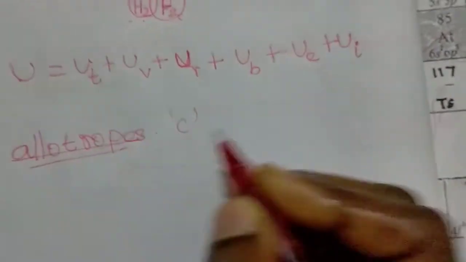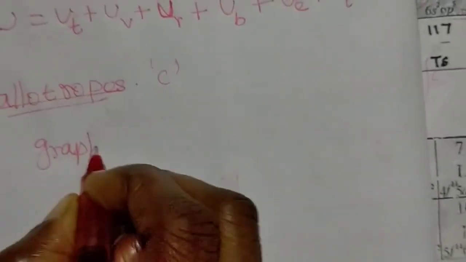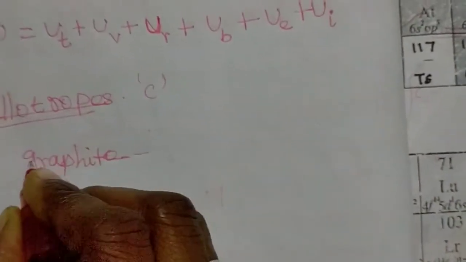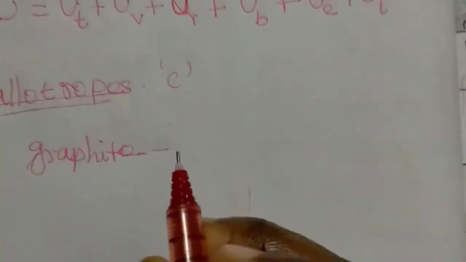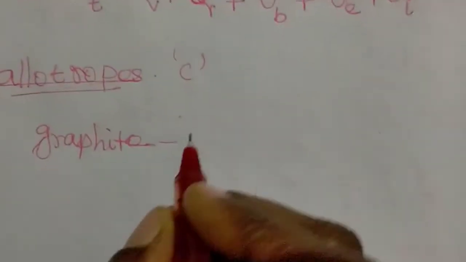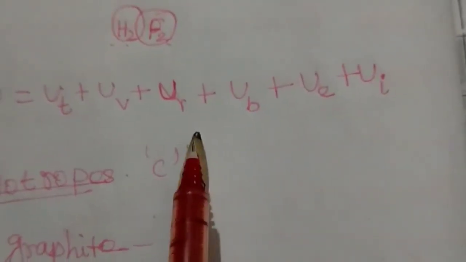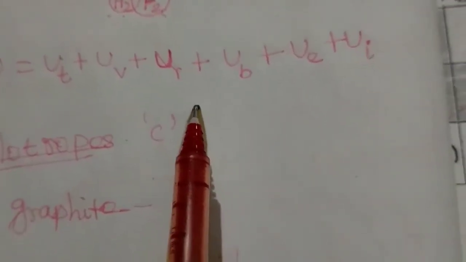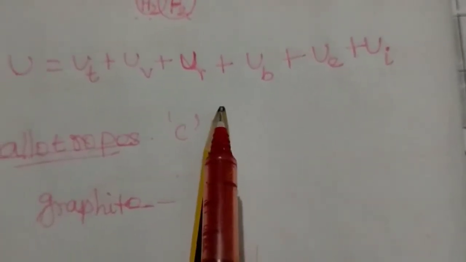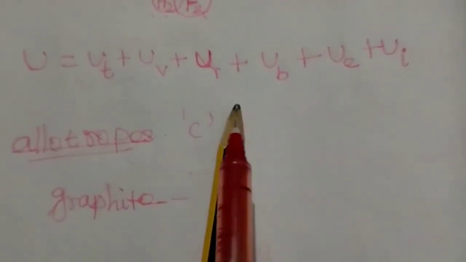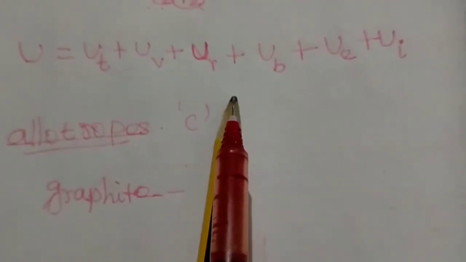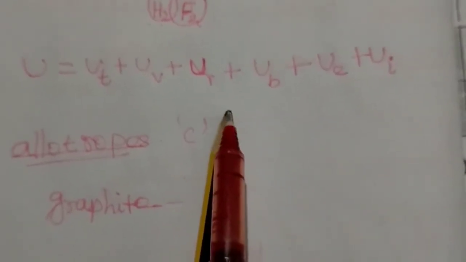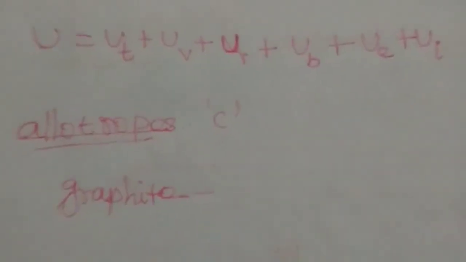Take the example of the allotropes of carbon: graphite. Graphite we use daily in a pencil. The black part in the center of the pencil is a carbon compound, but it is present in a different structure and the bonding is also different in graphite. Then you can take diamond. I hope you all know diamond.